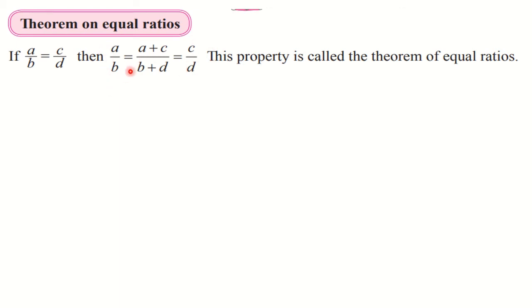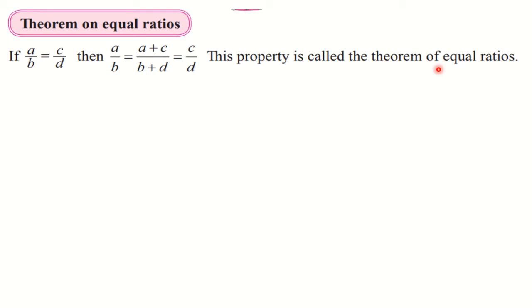That means A upon B is same as A plus C upon B plus D, and it is same as C upon D. That means these three ratios are equal. We can add numerators in numerator and denominators in denominator, and that ratio remains same as the original ratio. This is called theorem on equal ratios or theorem of equal ratios. You can use any word, either on or of.